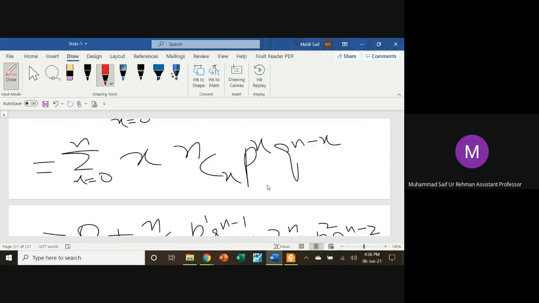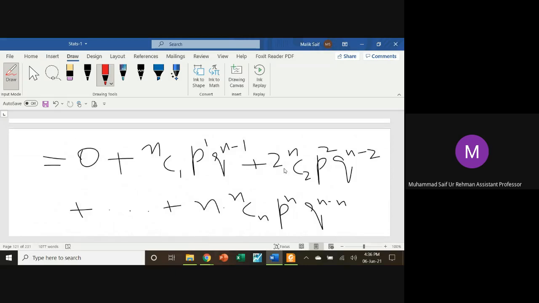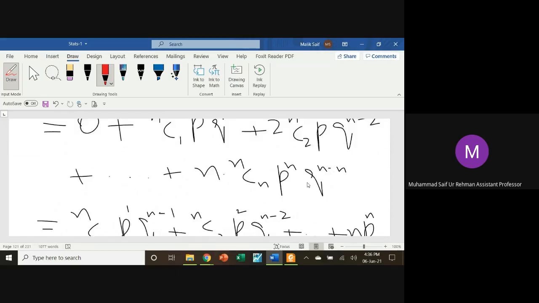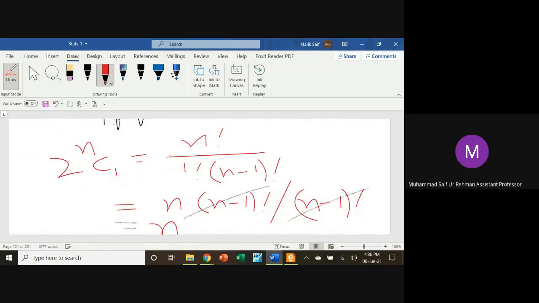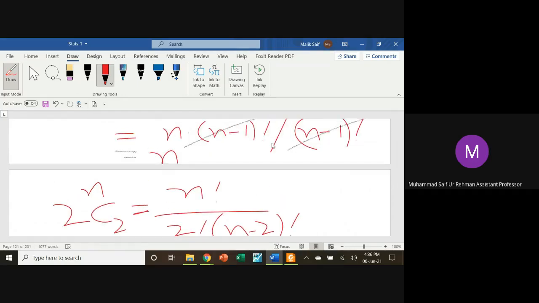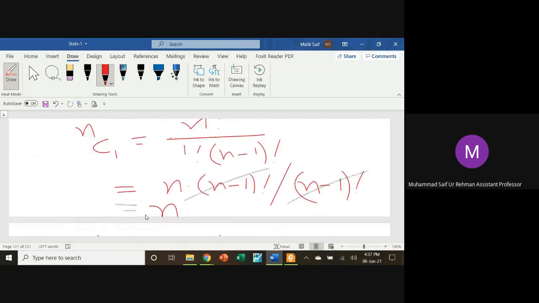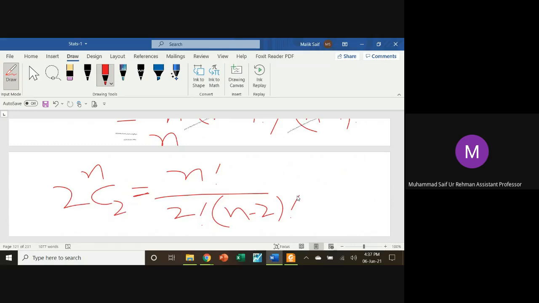This 2 is there. So 2 nC2 means if you multiply this with 2, so 2 will be here. Sorry, this was nC1. nC2 is here. So 2 is here. If you are interested in cancelling out this 2, you may write it down over here. Otherwise, if you are not going to write it down, no problem.